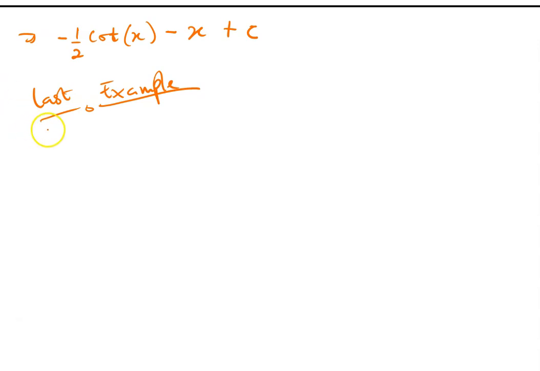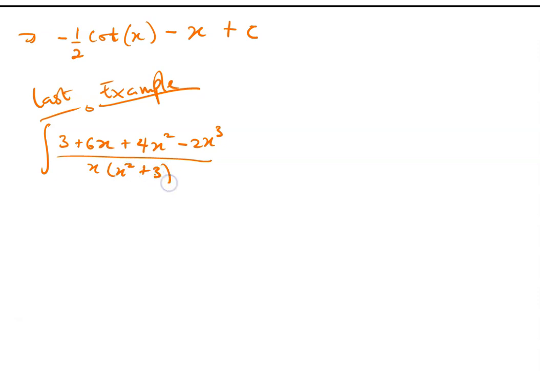So assuming I'm asked to integrate 3 plus 6x plus 4x squared minus 2x cubed, all over x squared into brackets x squared plus 3, with respect to dx.